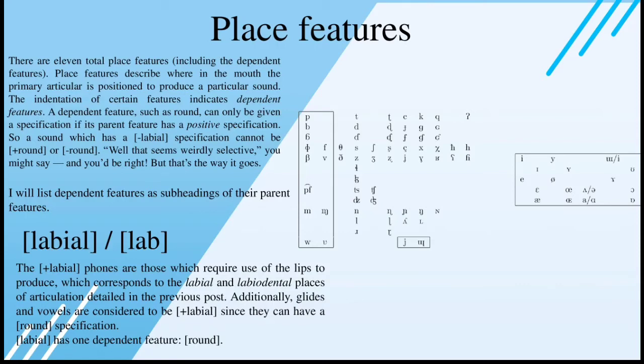Now we talk about labial. The labials are those which require use of the lips to produce, which correspond to the labial and labiodental places of articulation detailed in the previous video.